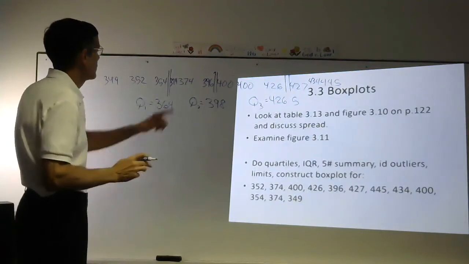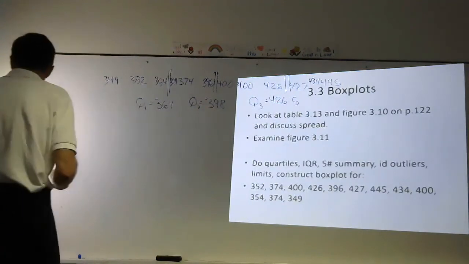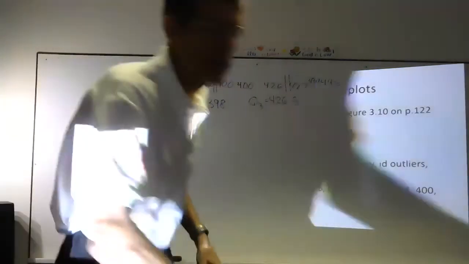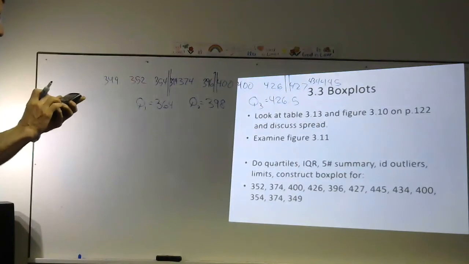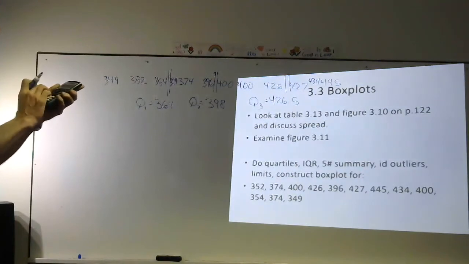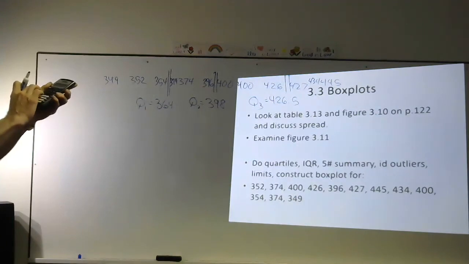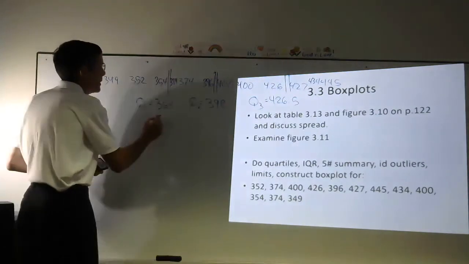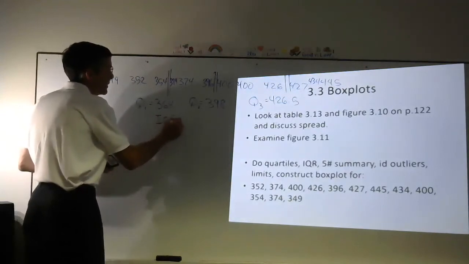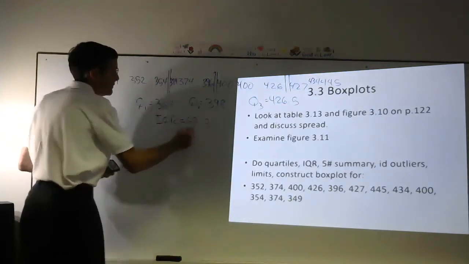Okay, we got the quartiles. The IQR is Q3 minus Q1. So I have 426.5 minus 364, which is 62.5. The IQR is 62.5.